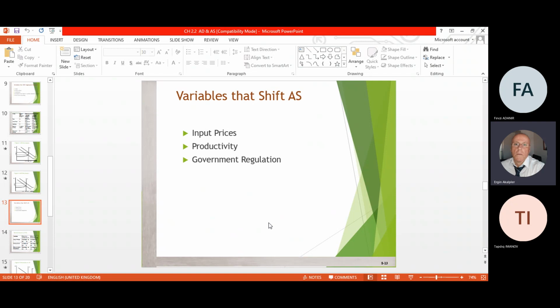The input price, especially of intermediate goods or semi-finished goods, which are used or processed in the production operation, becomes affected, because if the input price appreciates, let's say energy prices or other inputs imported from foreign countries, this will then change the aggregate supply also, and productivity will also be affected by these changes.